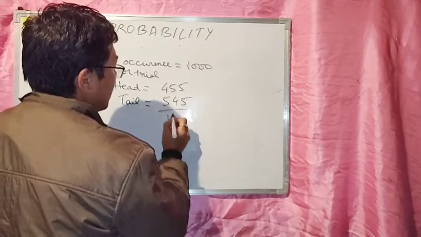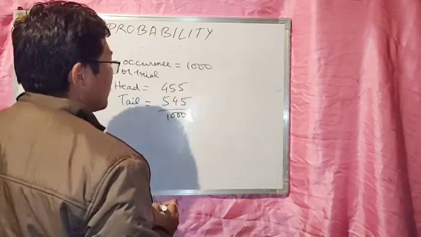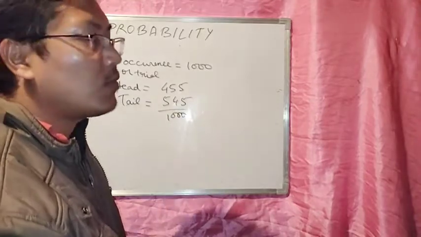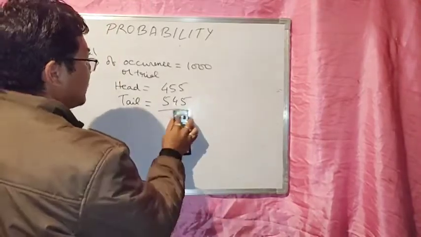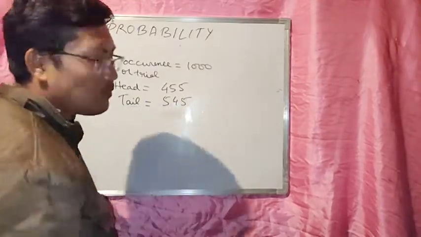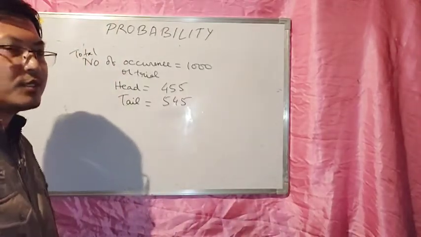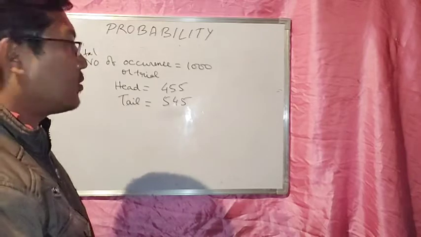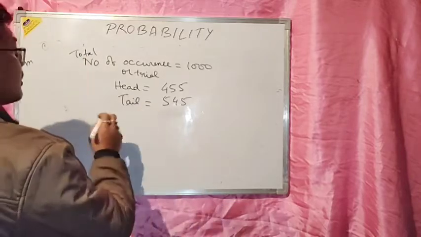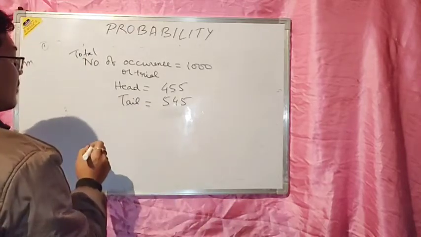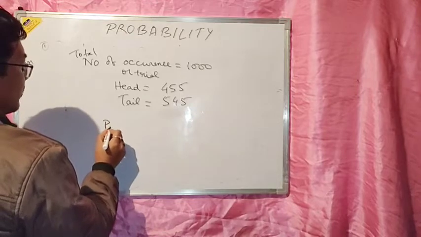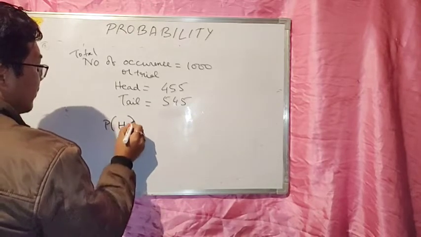That means total is 1000. Total number of trials, or occurrences, we can write as 1000. Then head is 455. Then what is the probability of head?